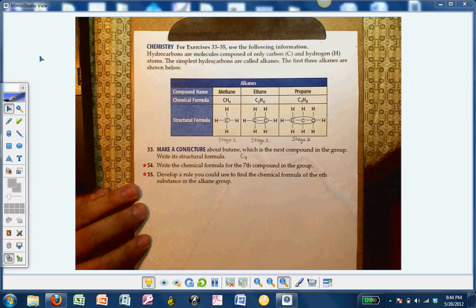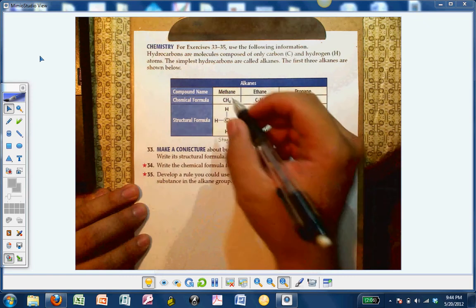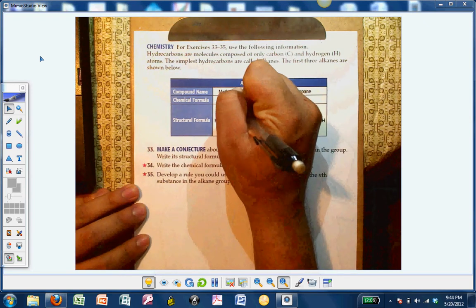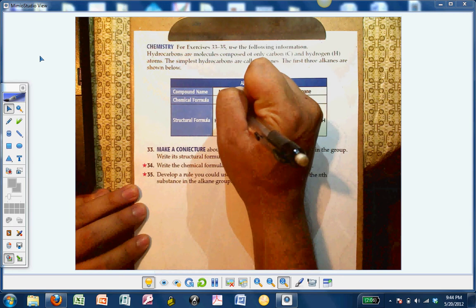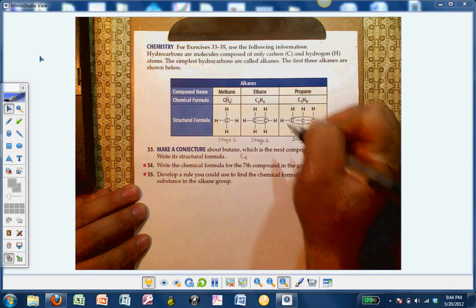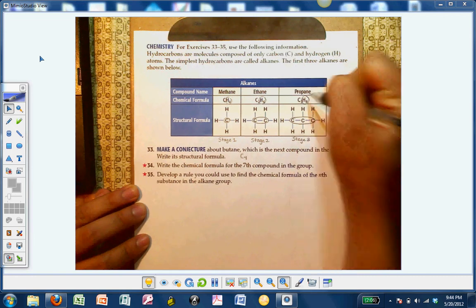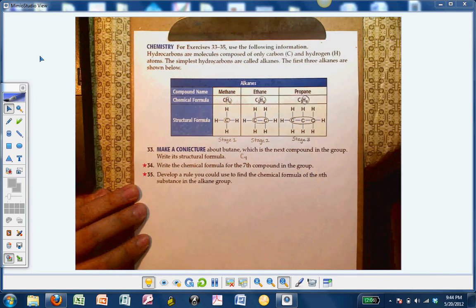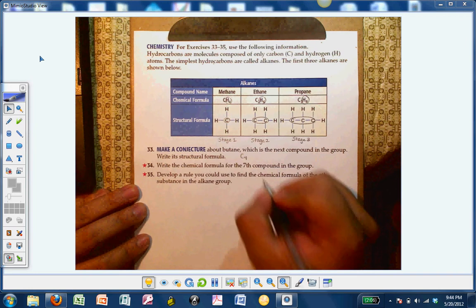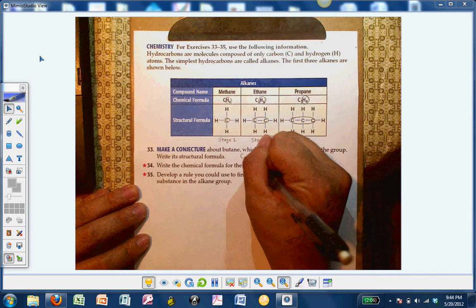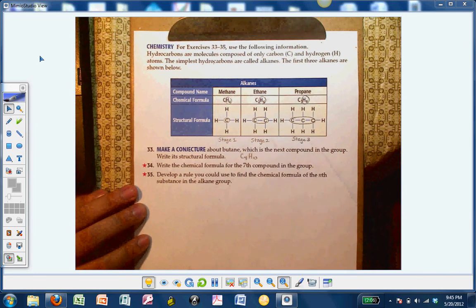Also, looking at the stage number and the pattern, we can see that the number of hydrogen starts at 4. Then the next stage is 6, and then it's 8. Therefore, based on this pattern, we can conjecture that there will be 10 hydrogen atoms for the next compound in the group, which is butane.